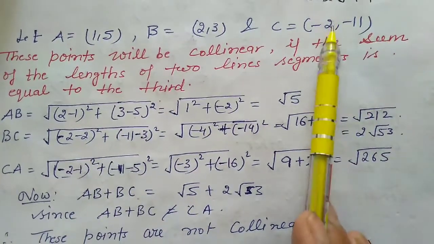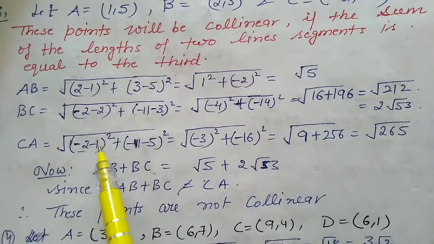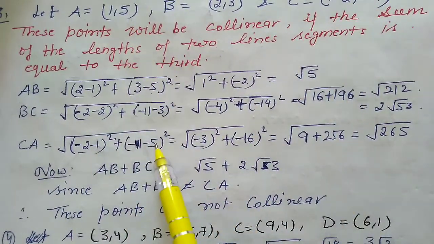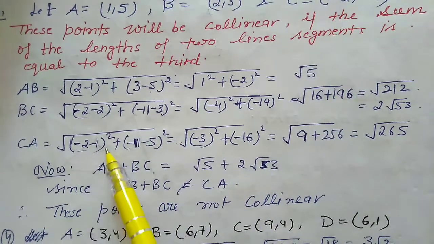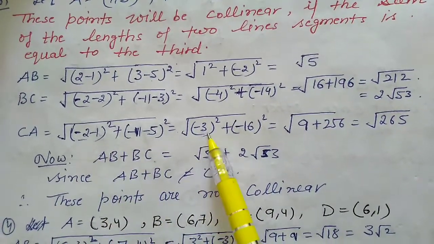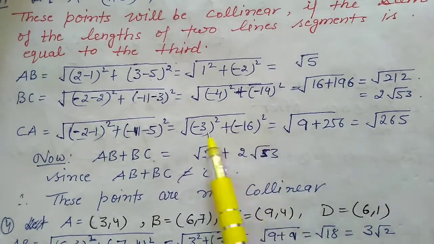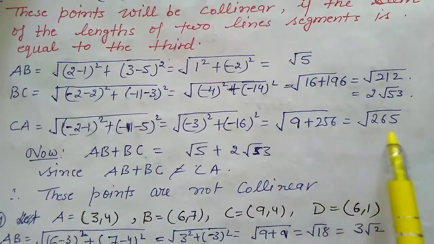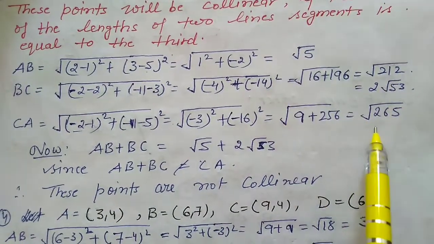Similarly, we will find CA: minus 2 minus 1 becomes minus 3, minus 11 minus 5 becomes minus 16. So it becomes 9 plus 256, that is 265. So all are irrational.